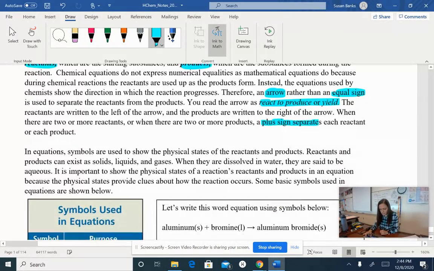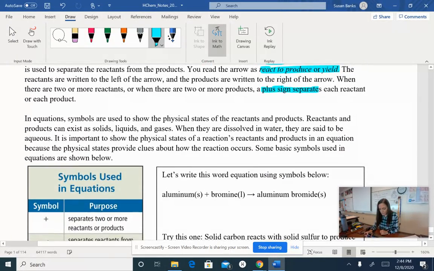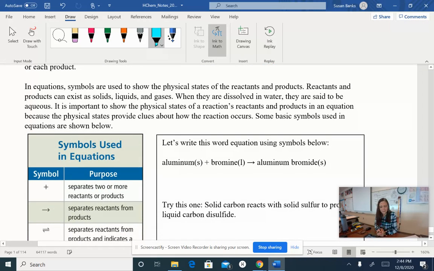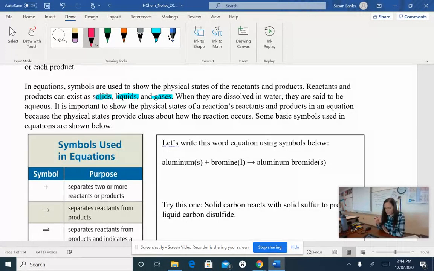Symbols are used in equations to show the physical states of the reactants and the products. Reactants and products can exist as solids, liquids, or gases. Okay, so let's just do the symbols really quick. Solids are designated by an S in parentheses.